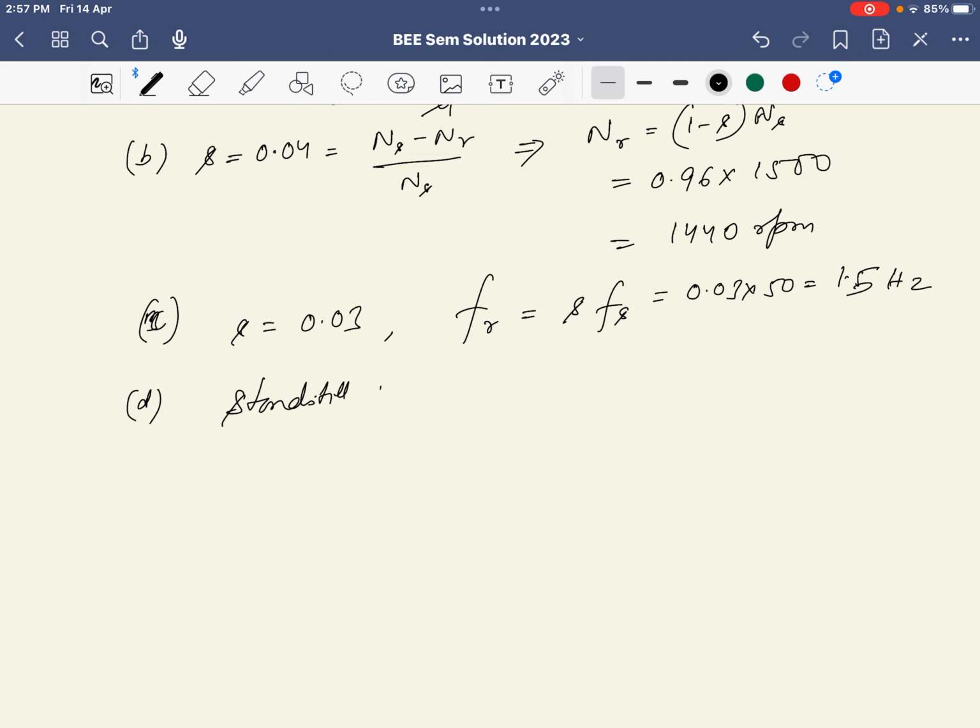At standstill, s is equal to 1, so the frequency of the rotor equals the supply frequency, that is 50 hertz. So these are roughly three numericals to explain.